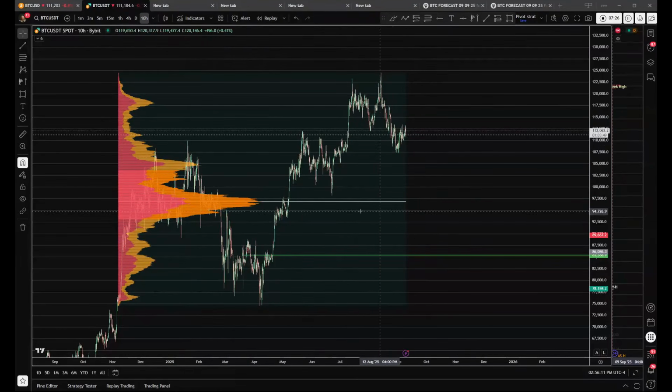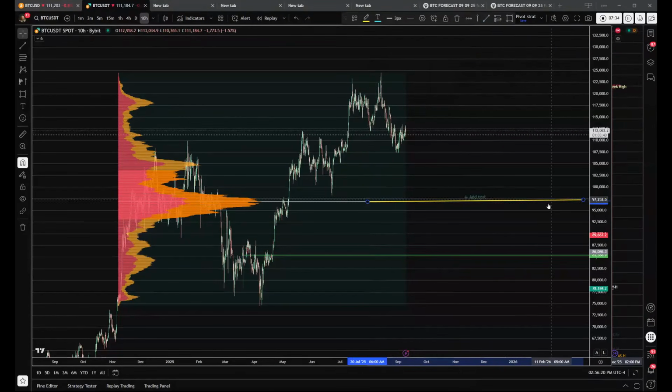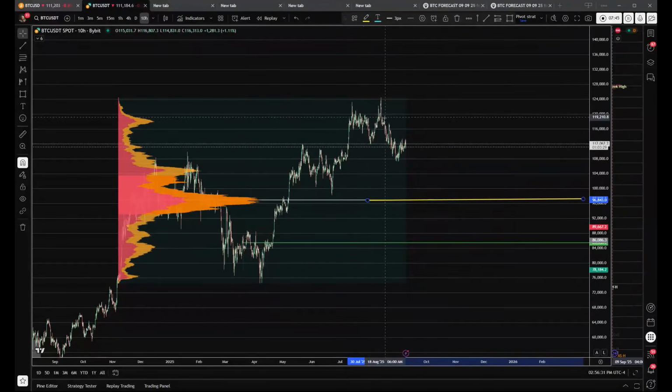This is the live September Bitcoin. Do you see where this lines up? It lines up at 97.5, approximately 96. This is the volume area, mainly in this whole area from here to here.